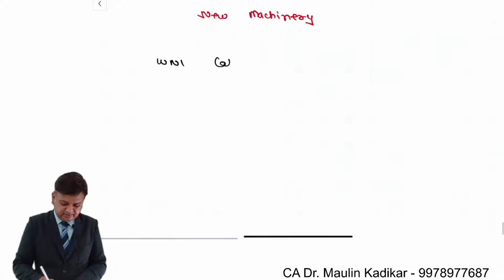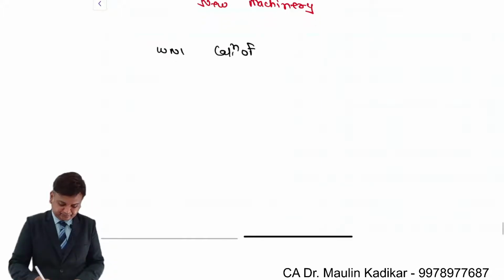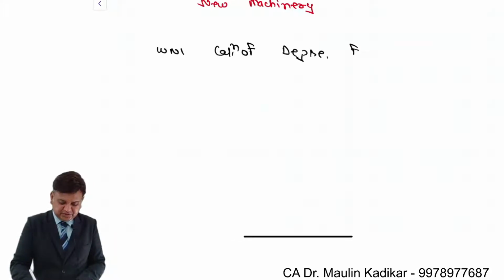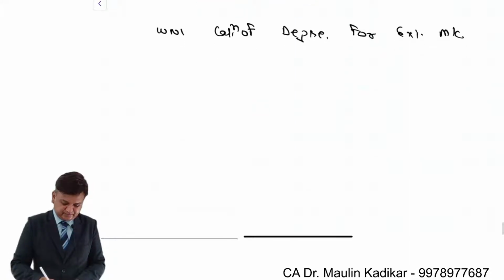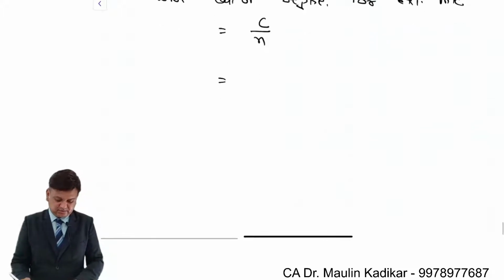Working note number 1, calculation of depreciation for existing machinery. It is cost divided by number of years.